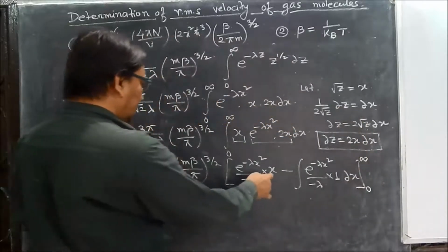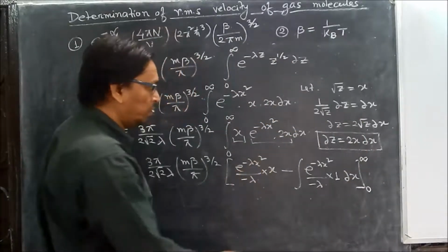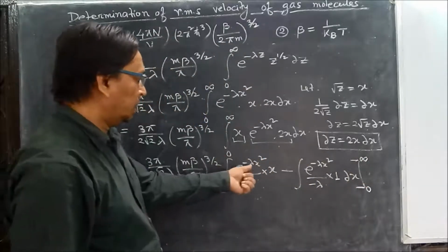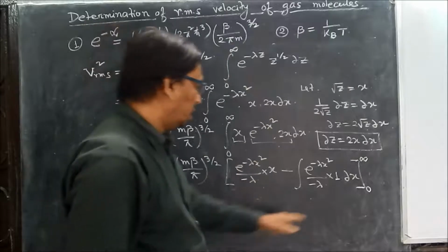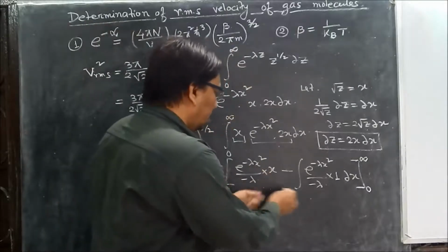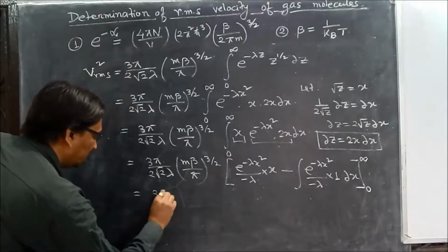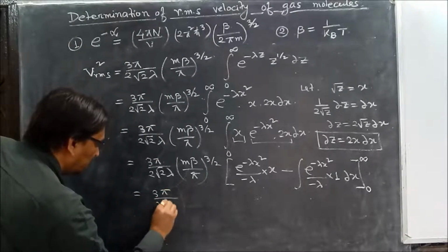Okay. So again this part is becoming 0 because we are putting here infinity. So if we put infinity, e to the power minus infinity is 0, and if you put 0, then this part will be 0. So the remaining part is only this part. So this will be 3 pi by 2 root 2.